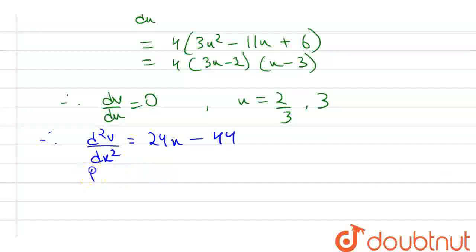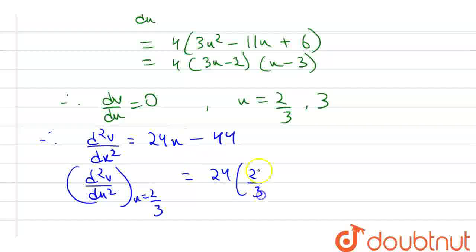So finding d square V upon dx square at x equals 2 by 3 first, we get 24 into 2 by 3 minus 44. 24 by 3 is 8, times 2 is 16, minus 44, so it comes minus 28.